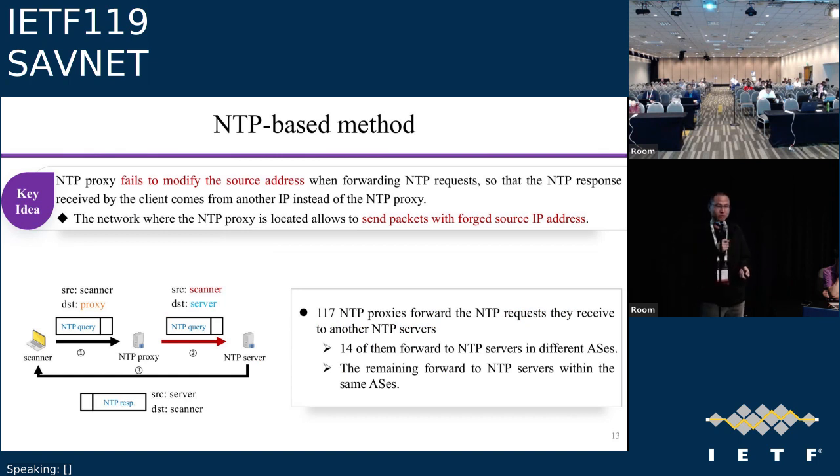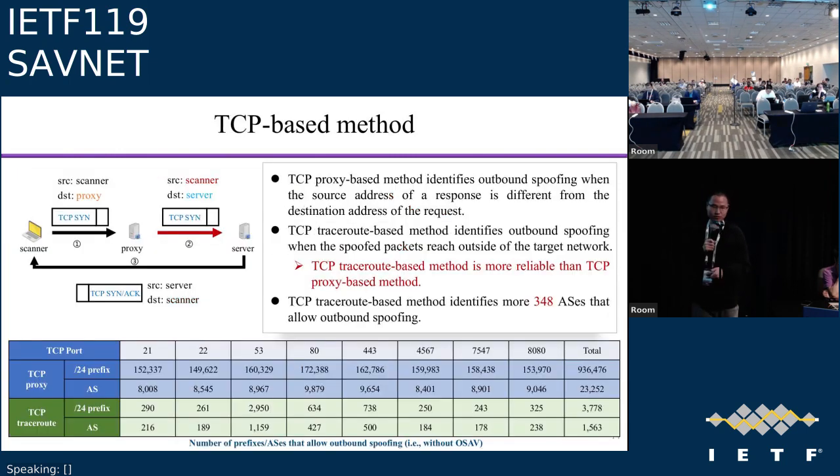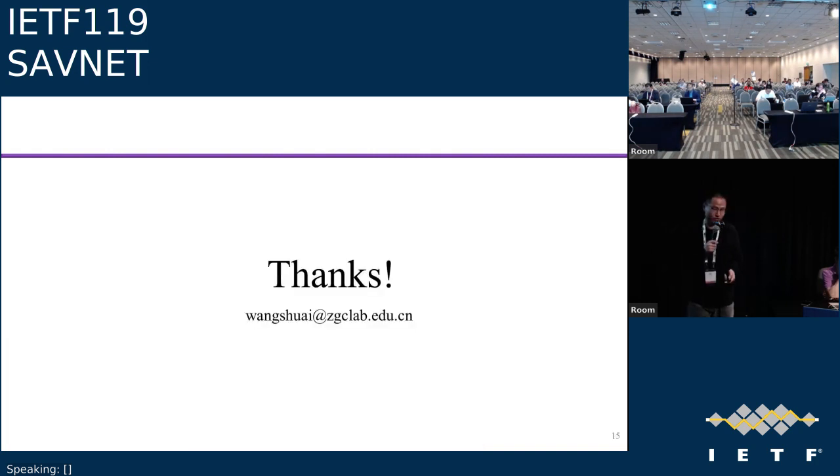For example, with the NTP-based method, we found 14 NTP proxies forwarded to NTP servers in different ASes. And with the TCP-based method, we send TCP SYN packets to the target network, and we found that the DNS traceroute-based method is more reliable than the DNS proxy-based method, and the TCP traceroute-based method helps us to identify 348 more ASes that allow outbound spoofing. Okay, that's all. Thank you.